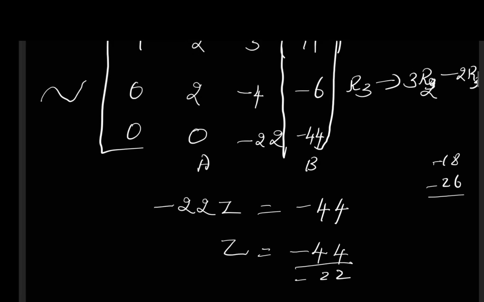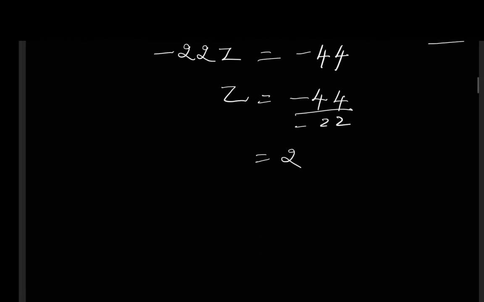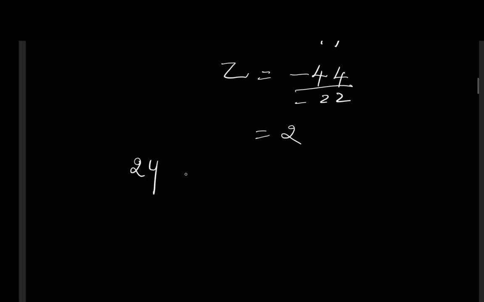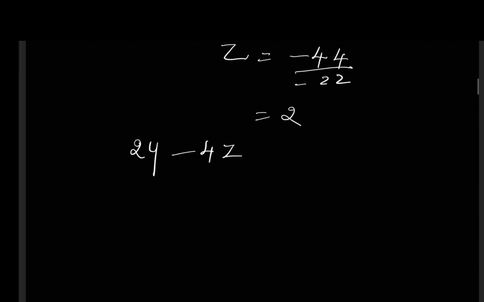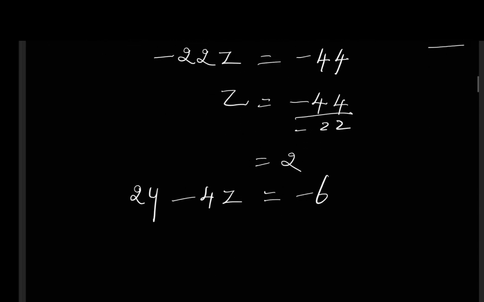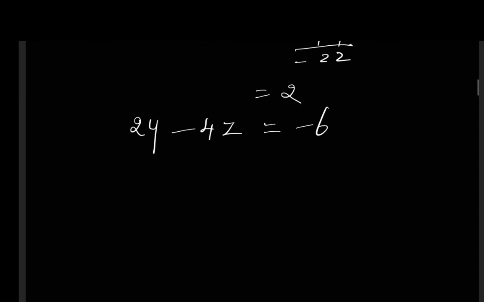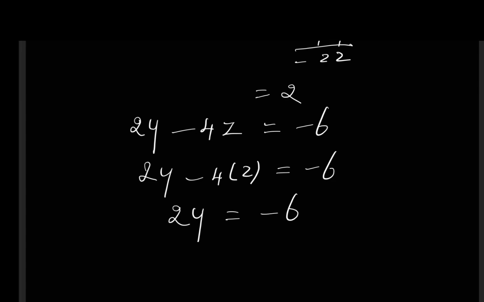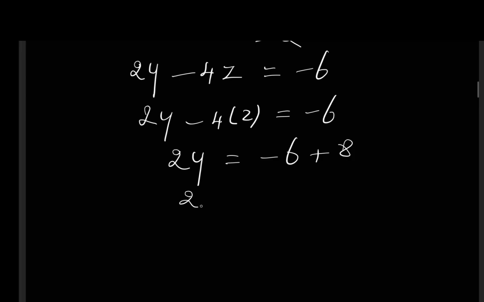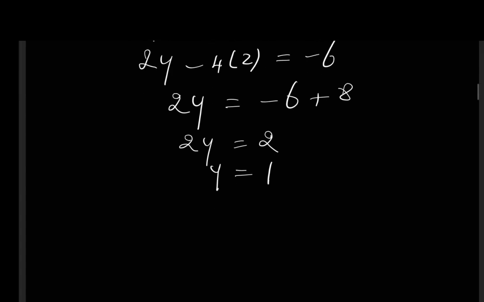Next equation: x coefficient is 0, 2y minus 4z equals minus 6. Z value is 2, so 2y minus 4 into 2 equals minus 6. Take minus 8 to the other side, plus 8: 2y equals 2. So y equals 2 by 2, which is 1.